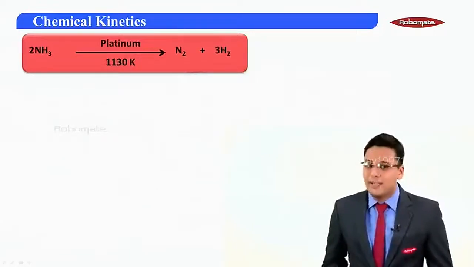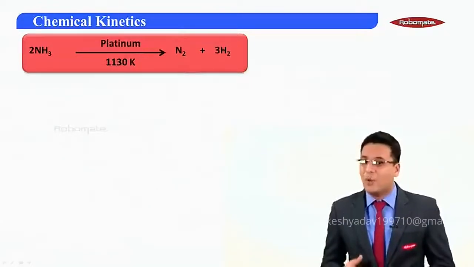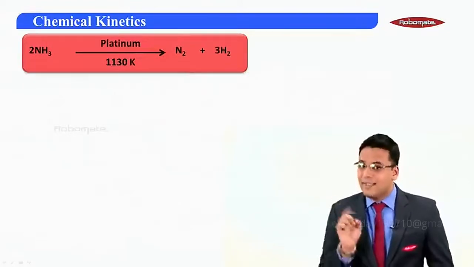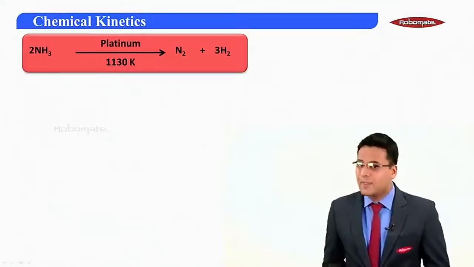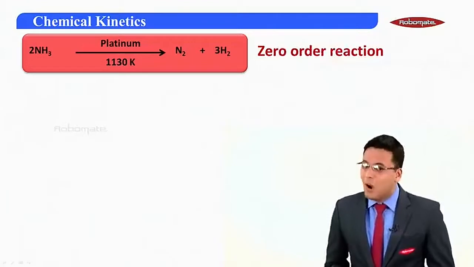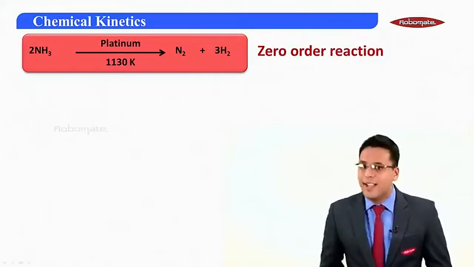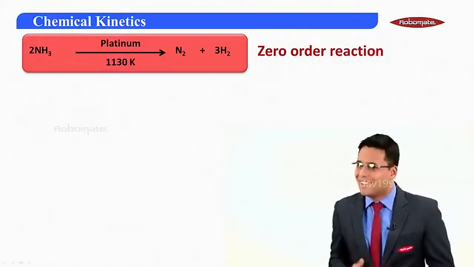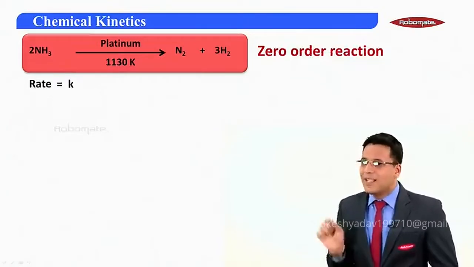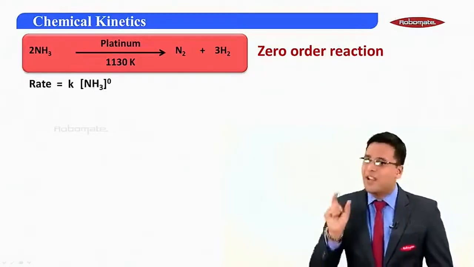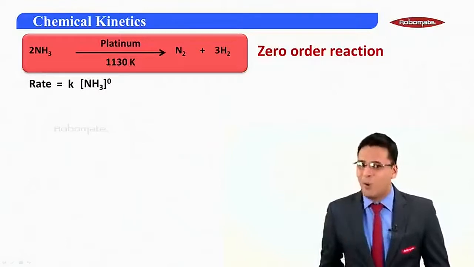If you consider this reaction, decomposition of ammonia at a very high temperature, 1130 Kelvin, in the presence of platinum. This is a zero order reaction, which means that the rate law expression is rate is equal to K into concentration of NH3 raised to 0.